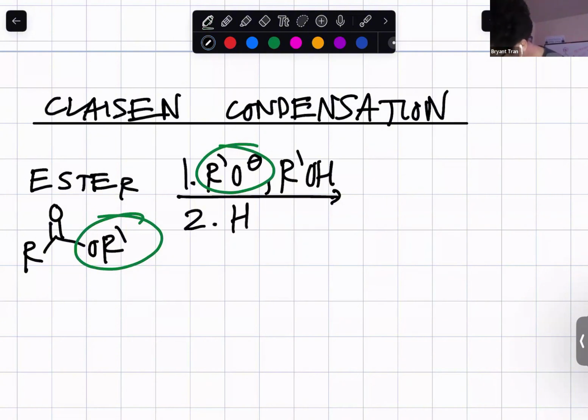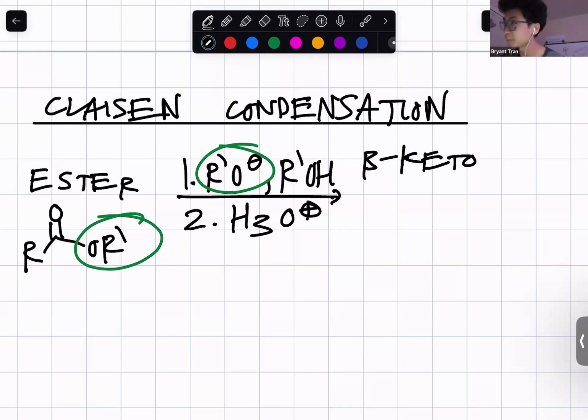Second step here is acid workup, and we're gonna go over the mechanism afterwards. But your product here is gonna be a beta keto ester, right? A beta keto ester. And what that looks like is gonna be like this right here.